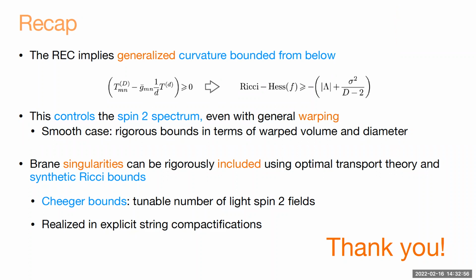Have you tried including the R squared terms in heterotic, going beyond two derivatives? That's a good question. No, we haven't. Here we are using a standard Einstein-Hilbert kinetic term. We didn't consider higher derivative curvature terms. Those will modify the Einstein equation, and we didn't play with that yet. We don't know what that implies.